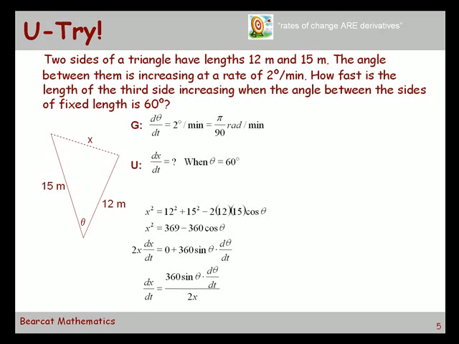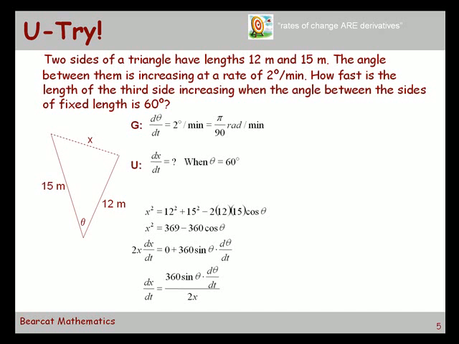To figure out what x is, I'm going to look right back up at this line, because x squared equals 369 minus 360 cosine theta. When theta is 60 degrees, I'm interested in x at that point, right? So I'm going to take 369 minus 360 times cosine of 60, and then I'm just going to leave the square root on it and keep the exact value.